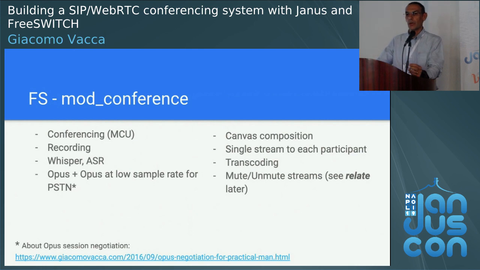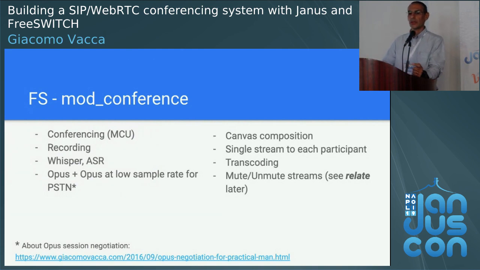There are different layouts that you can select for composing your video. And of course, since there's support for Opus, there's the possibility to do Opus at high quality, 48 kilohertz, but also to do interconnection with PSTN, doing transcoding between Opus and G711.